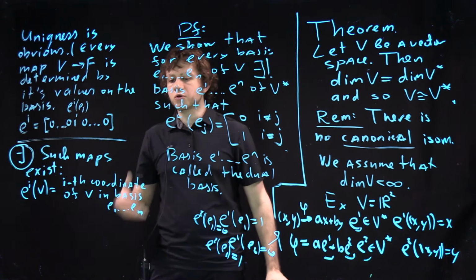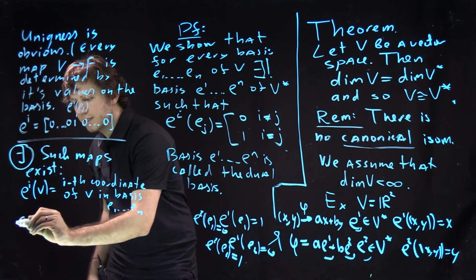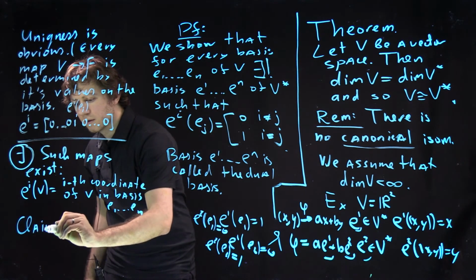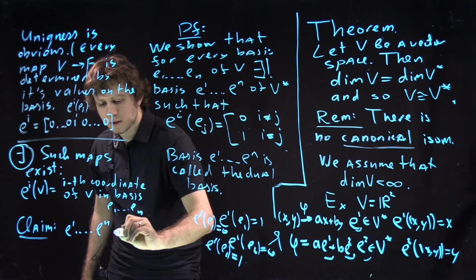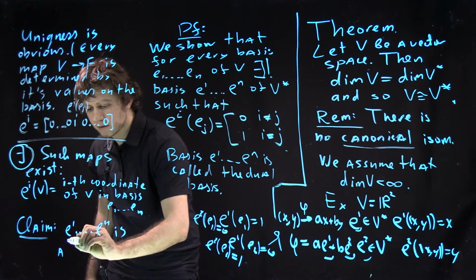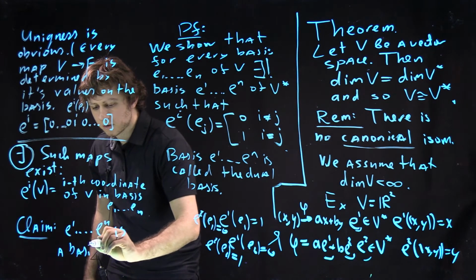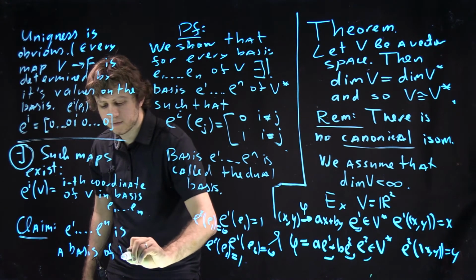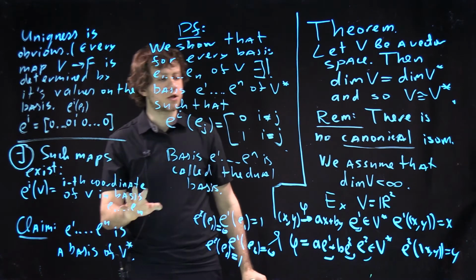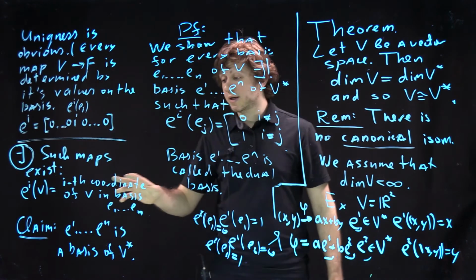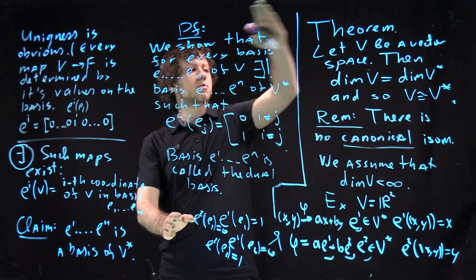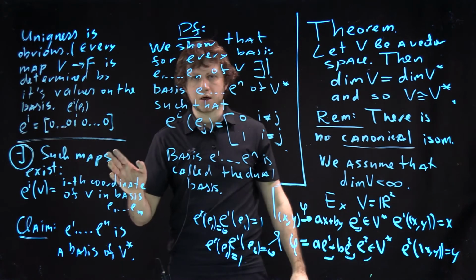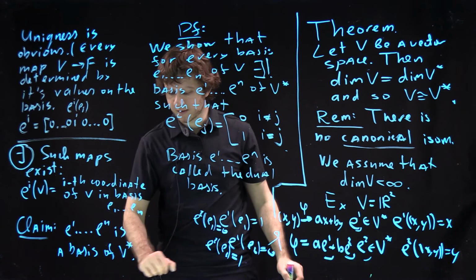So now we need to show, so our claim is that e^1 up to e^n is a basis of V star. So that's something we need to show. And then, of course, we know that dimension of V star equals n. So let me erase all that part, and we'll see why this is true, and then look at some examples.